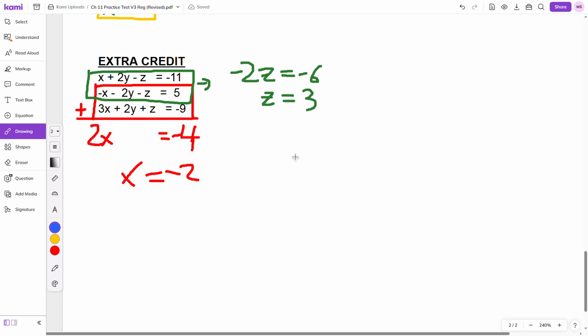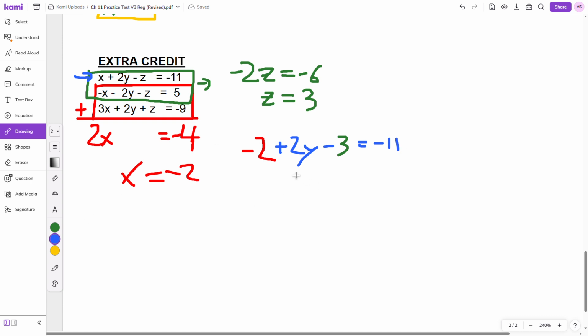Now that I have both of those, it's super easy. I just needed the y. And I'm just going to go with the first equation, because it seems like the easiest one. So I have -2 plus 2y, which is the one I'm looking for, minus z, and z we know is 3, equals -11.